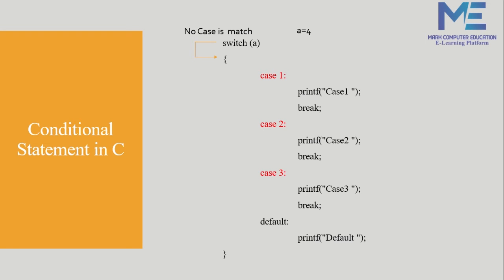Then it has only the last option, default. Why? If all case values are unmatched with the given value, then it will execute default only. So it will execute default and take an exit from it. So this is the working of the switch statement.